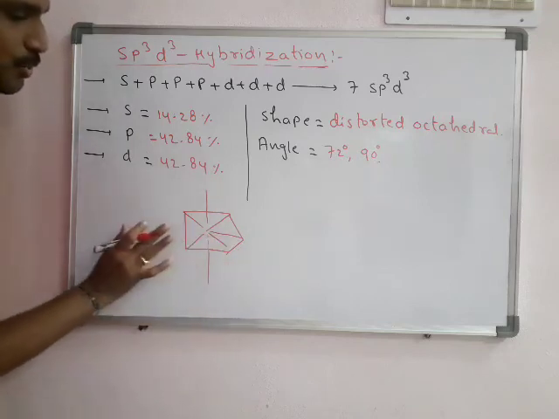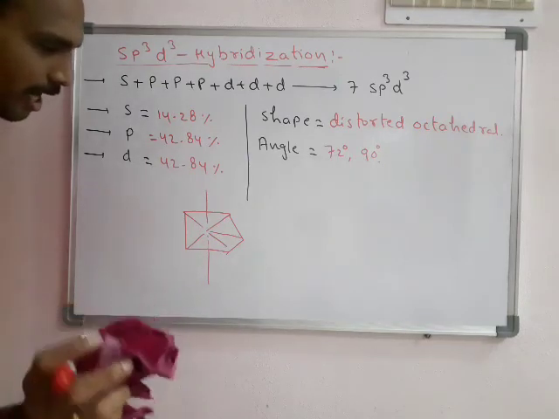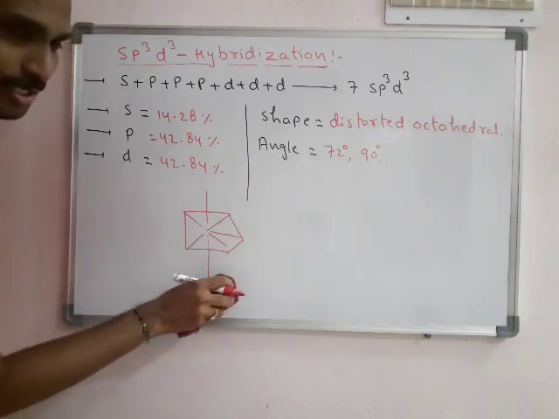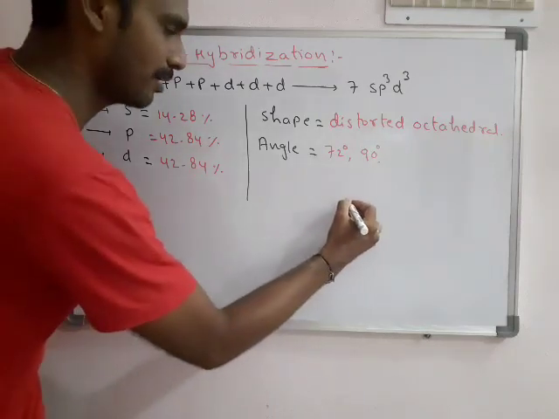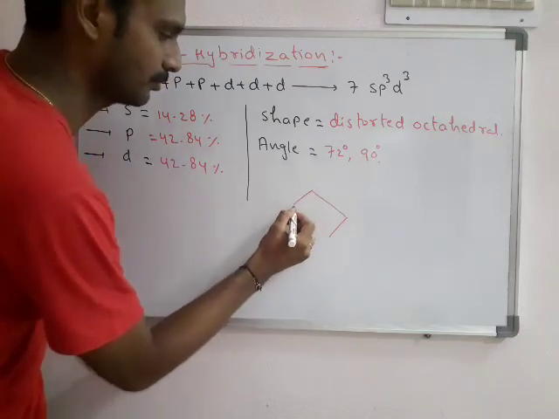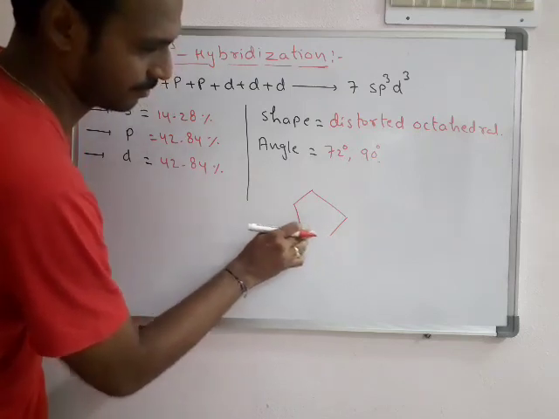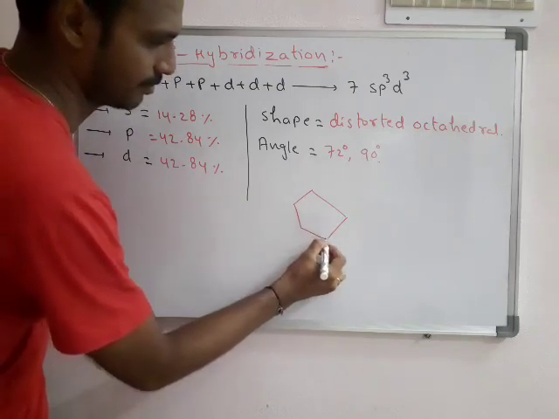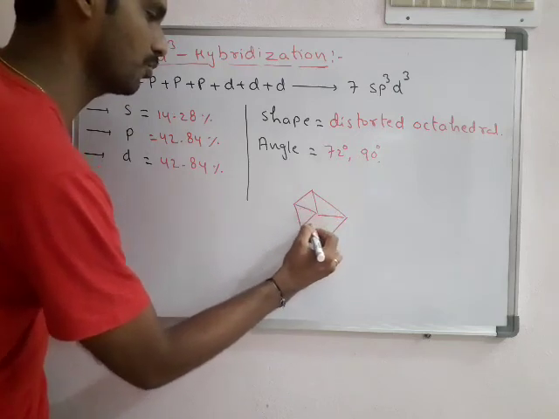This is called a distorted octahedral. One part changes a bit, that's why it is called distorted octahedral. We can write it like this.